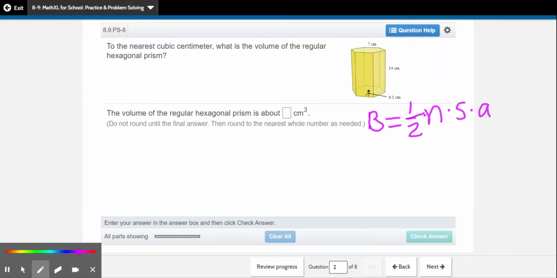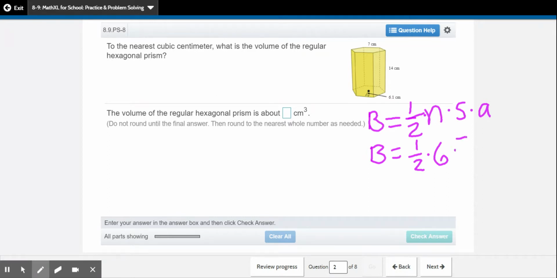To the nearest cubic meter, what is the volume of the regular hexagonal prism? So our bases are hexagons. So we're going to use this formula to find the area of a hexagon. So we have our base, that's the same, times 1/2. Now, n is the number of sides, so we're times 6. S is the length of a side, which is 7.